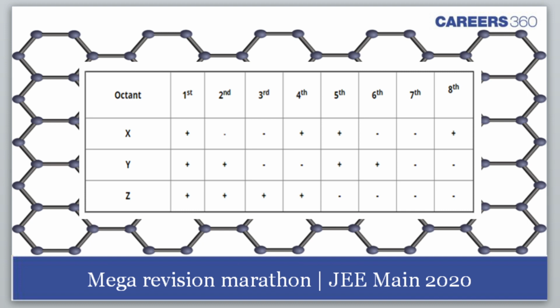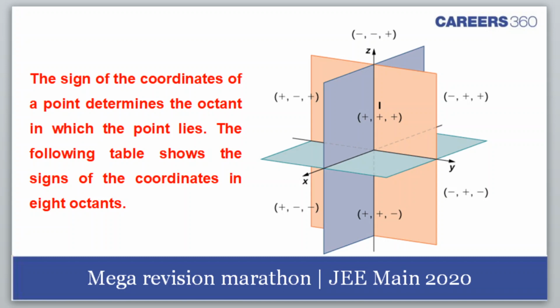If we look at the previous slide and this quadrant, you would realize that it has a negative x. The x-axis is this one, so x is positive, y is negative since y goes that side opposite to this y, and z is positive in this octant.